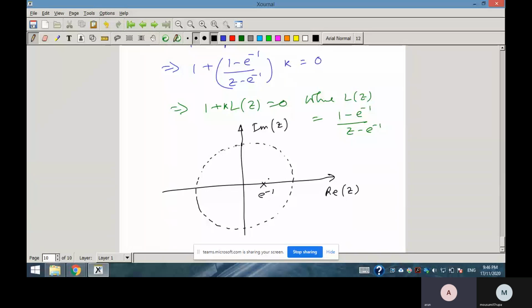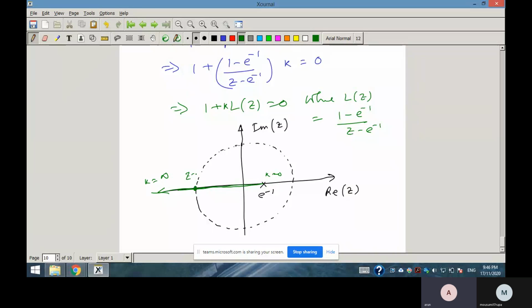And there is no zero. So as you increase K, how will the roots go? The roots will go like this. Here K equal to 0 and here K equal to infinity. And here what is your z?